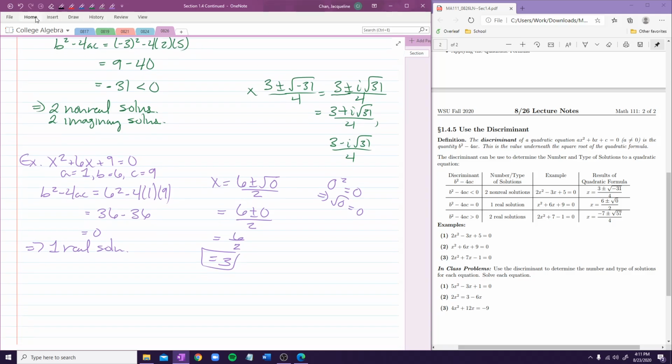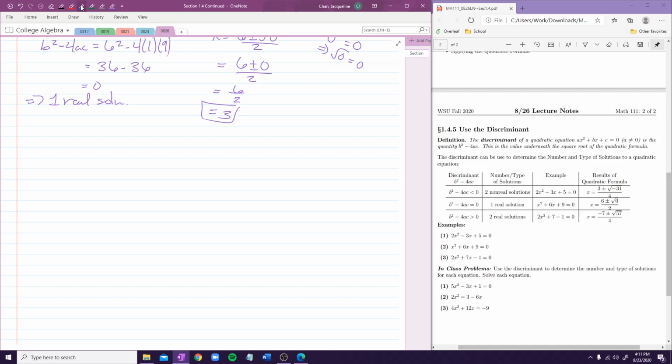Last problem for today. We are given 2x squared plus 7x minus 1 is equal to 0. So a is equal to 2, b is equal to 7, c is equal to negative 1.